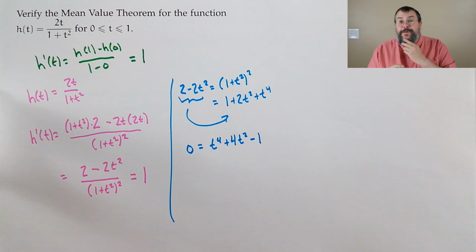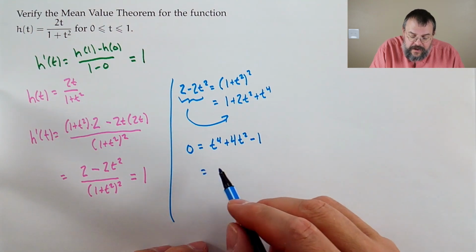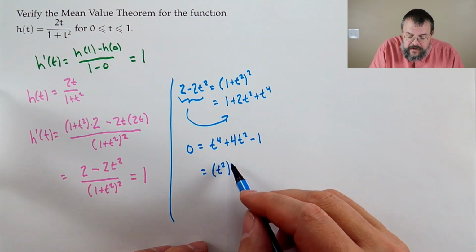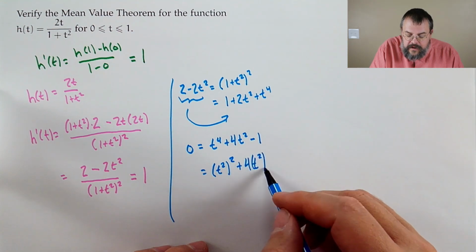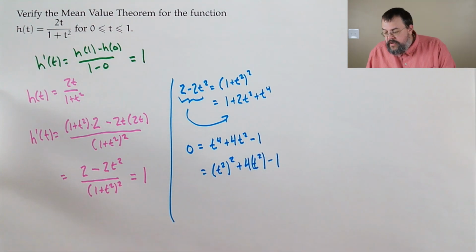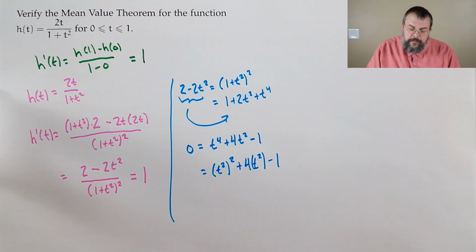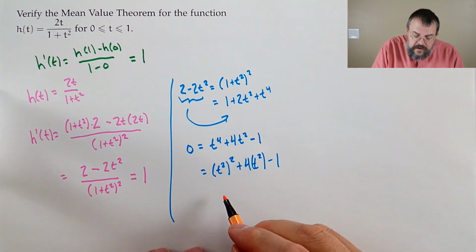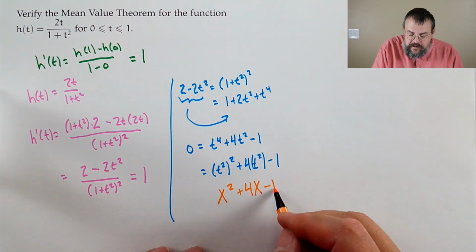Maybe this is really a quadratic in disguise. Well, what do we mean? Think of this as t squared squared plus 4t squared minus 1. So I can just introduce a nice new name. I can say, think of this as x squared plus 4x minus 1.